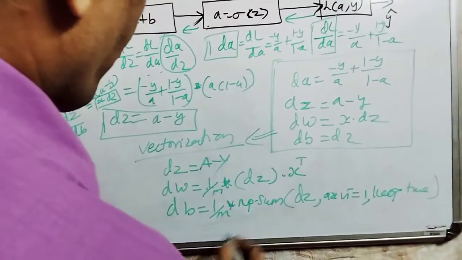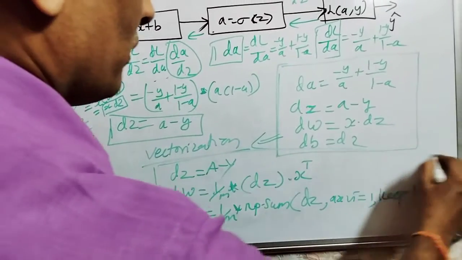So this is the vectorization form of the logistic regression.